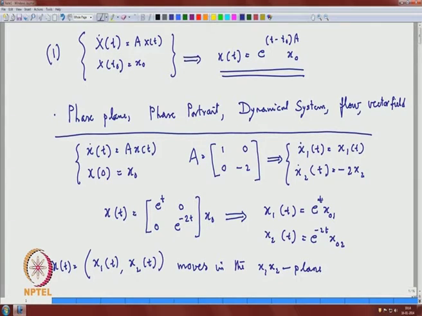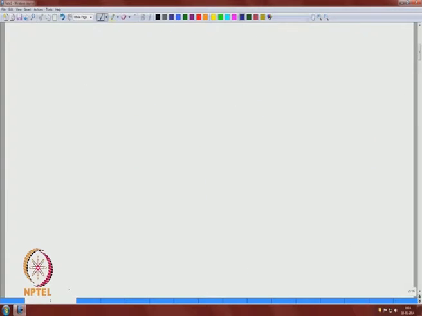This x1 x2 plane is called the phase plane associated to the system, you see.